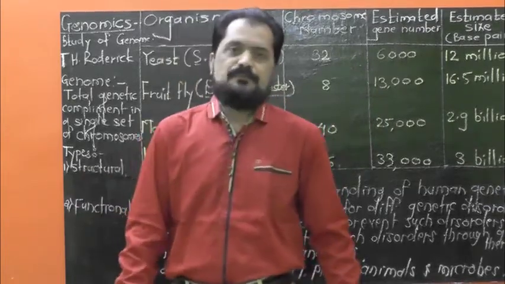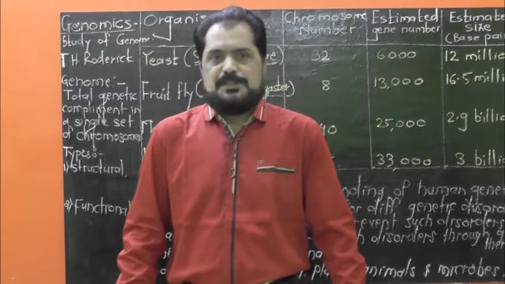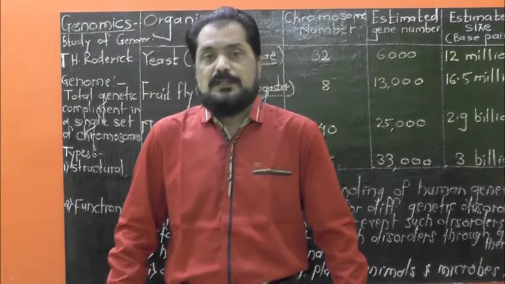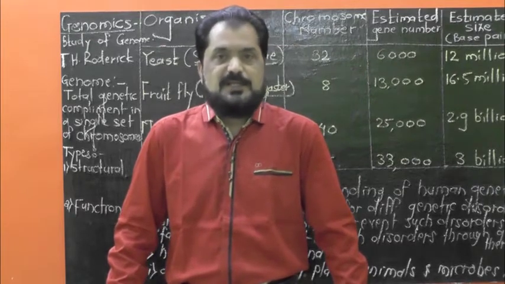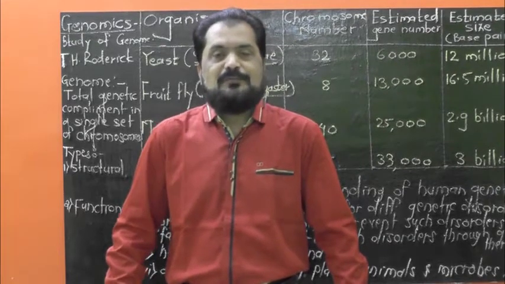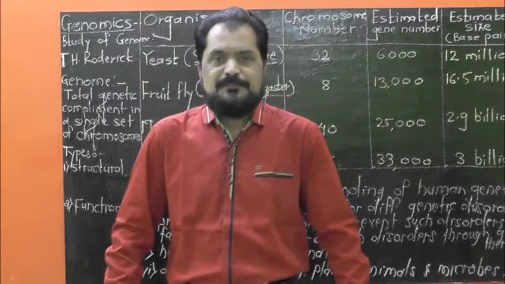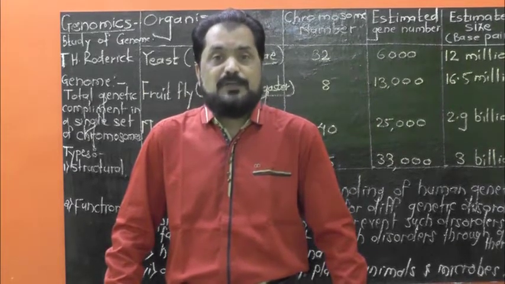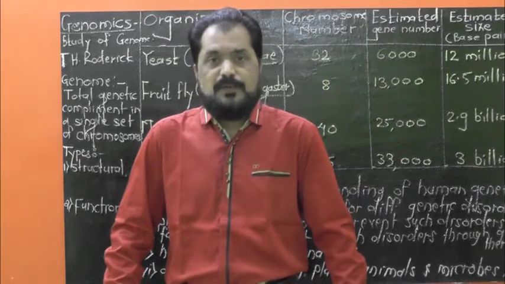Now the scientists performed the study of the genome of different living organisms such as unicellular fungus, that is yeast, and a small insect, that is Drosophila melanogaster, the fruit fly.